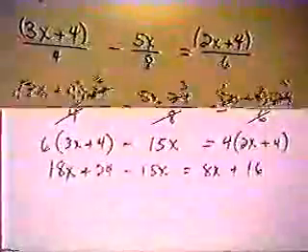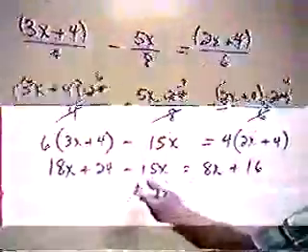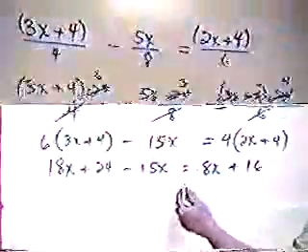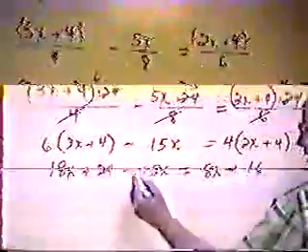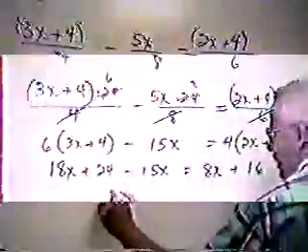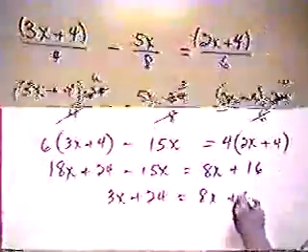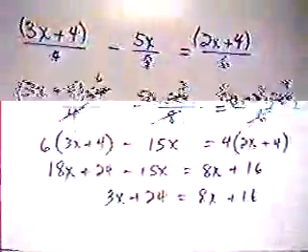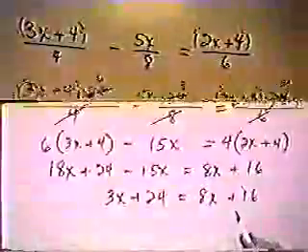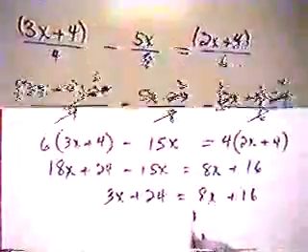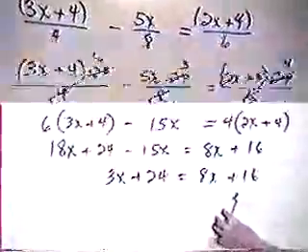Now, what's the rule? The rule is to get all the x's on one side and numbers on the other side. So, hey, let's combine this. 18x and 15x is 3x plus 24, and 8x plus 16. Now, pay attention. I said this once before. If we don't have to have x on that side, we can have x on this side.